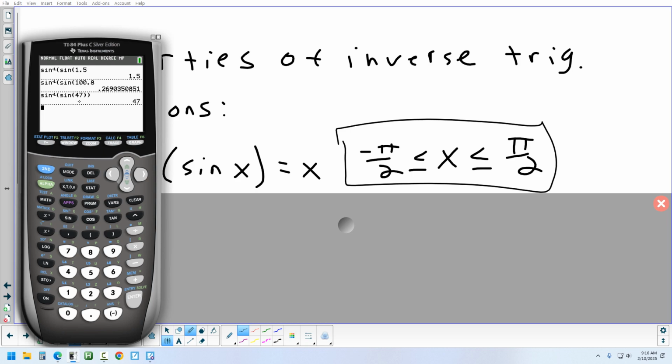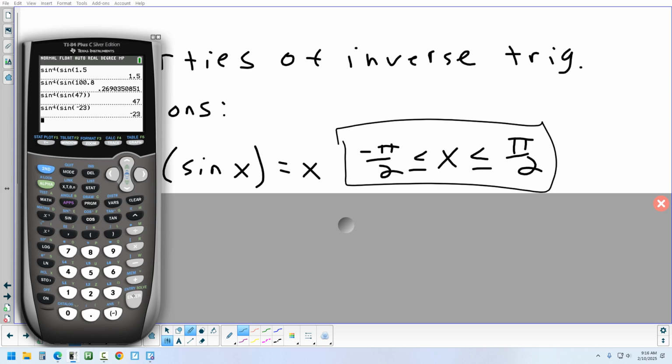It doesn't have to be between 0 and 90. Remember, we're not dealing specifically with a right triangle right now. So that's not between 0 and 90, but it came back the same. Yeah? Is it negative 90 and 90?